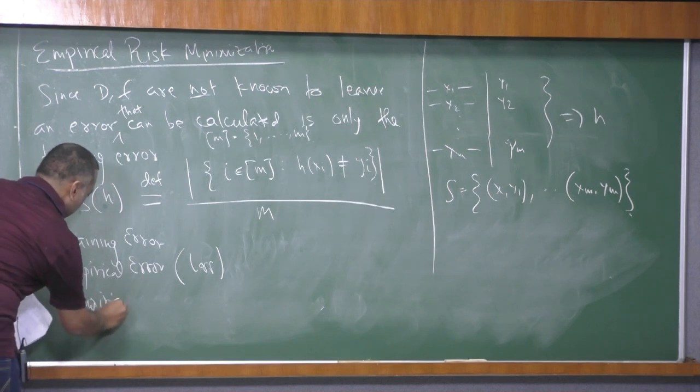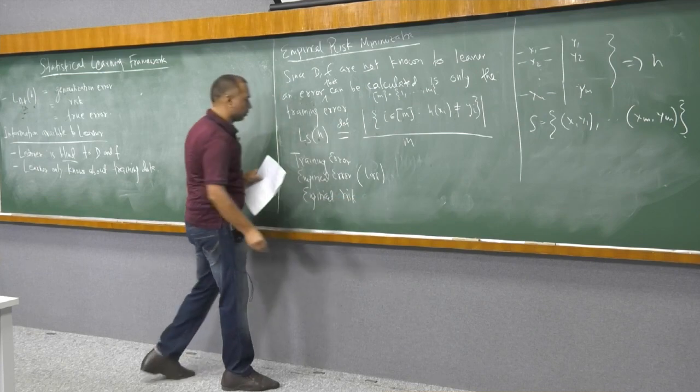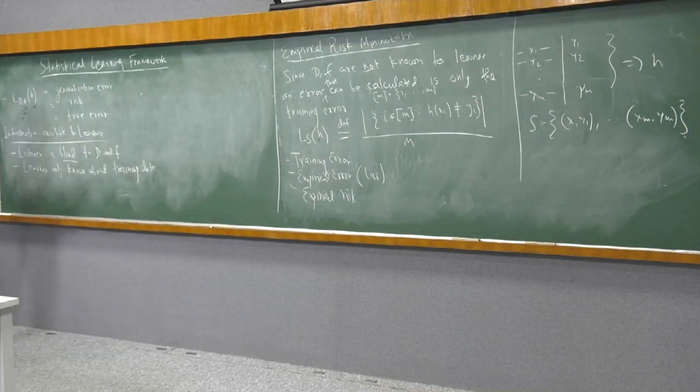All are the same terms. Okay, all are the same things. So this is what you will use in practice to check whether H, the prediction rule that you learn, is correct or not.